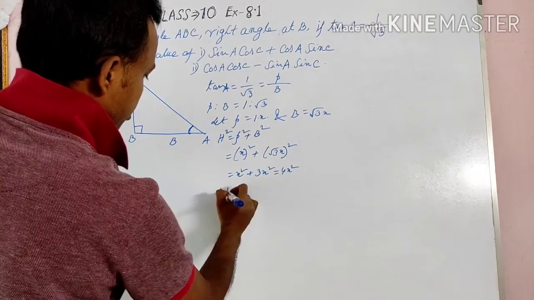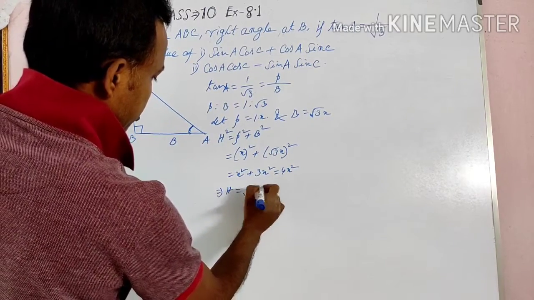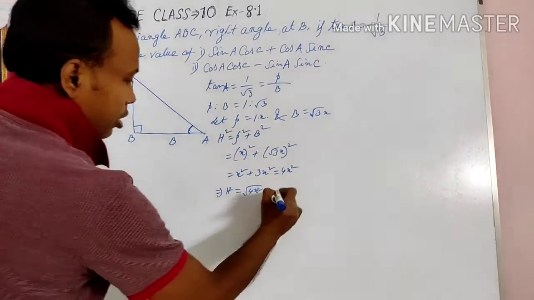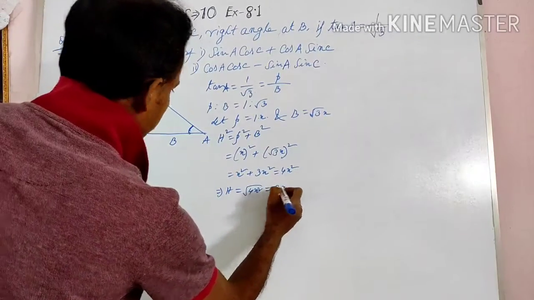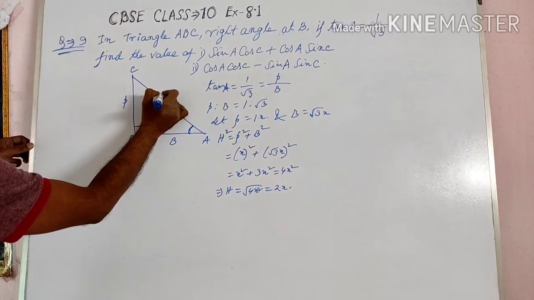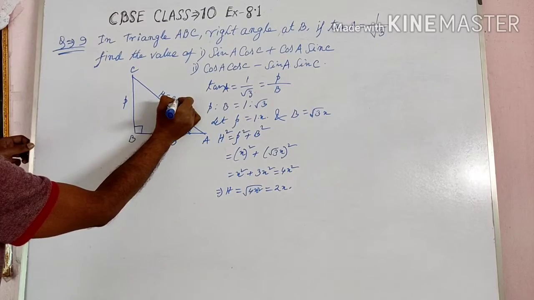So hypotenuse value is root over 4x square, which is equal to 2x.